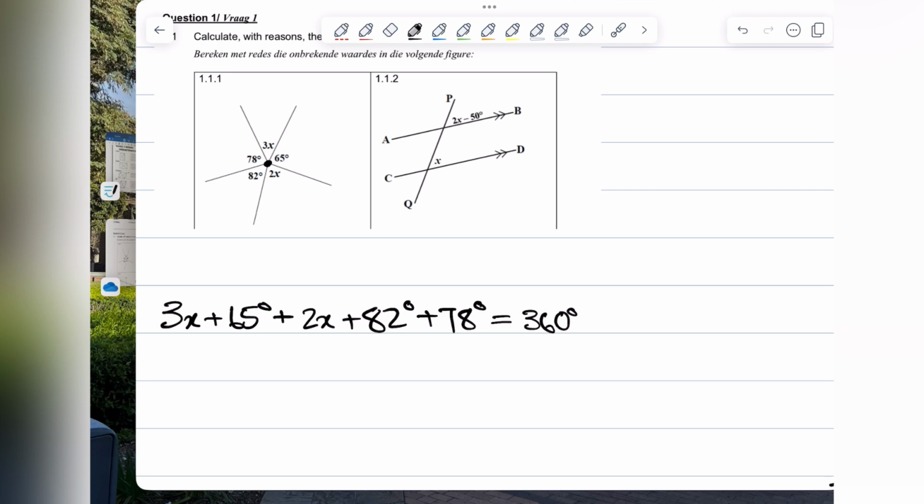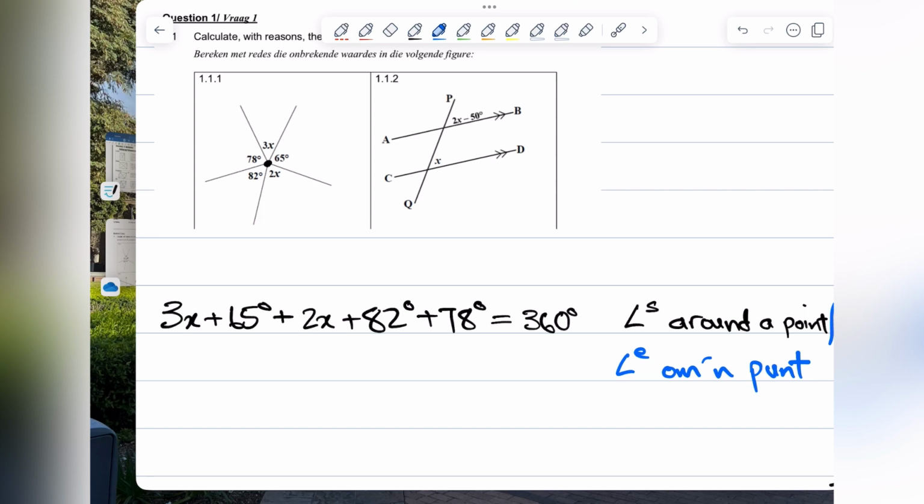Why? Because angles around a point. I will include the Afrikaans in blue. Hoeke om 'n punt. So that is your reason, dit is jou rede.